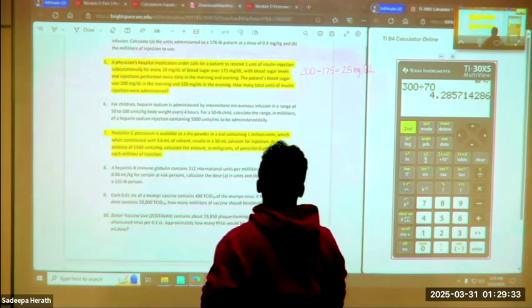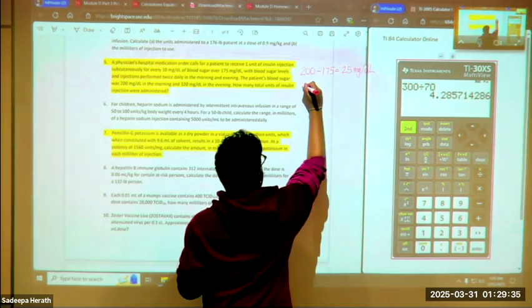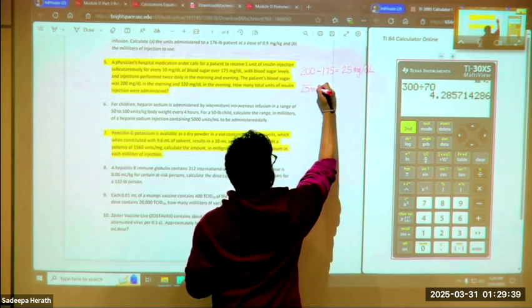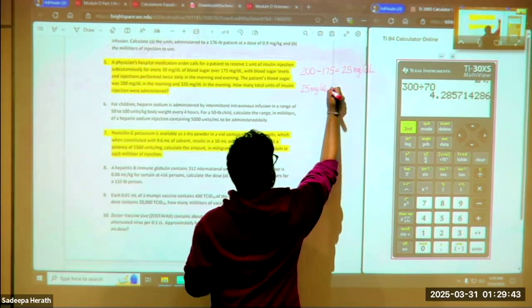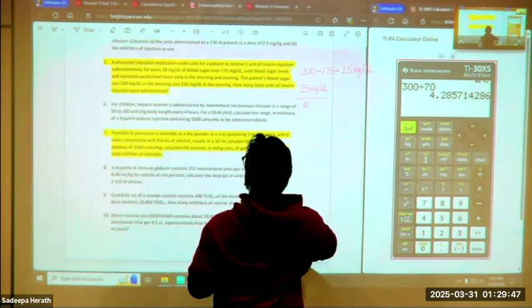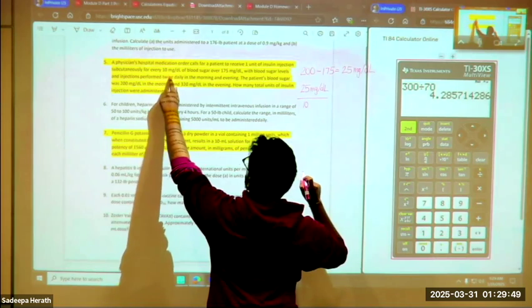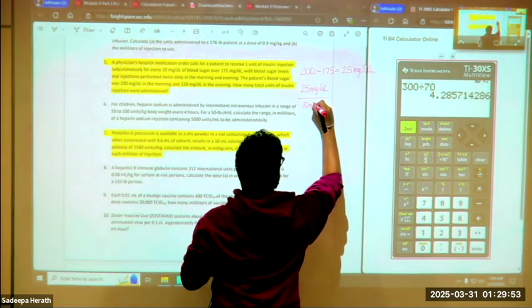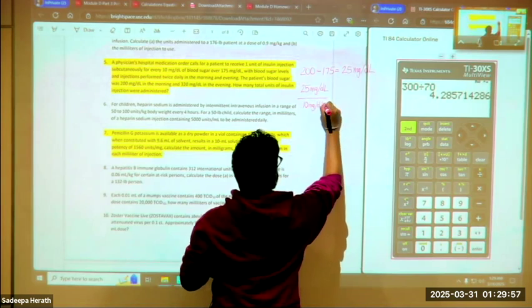Based on that, divided by 10 milligrams per deciliter.